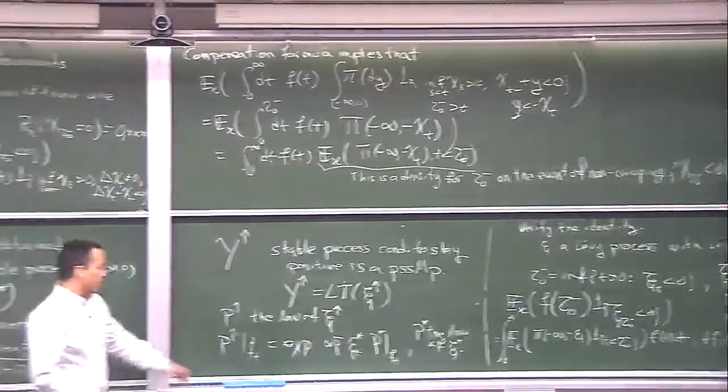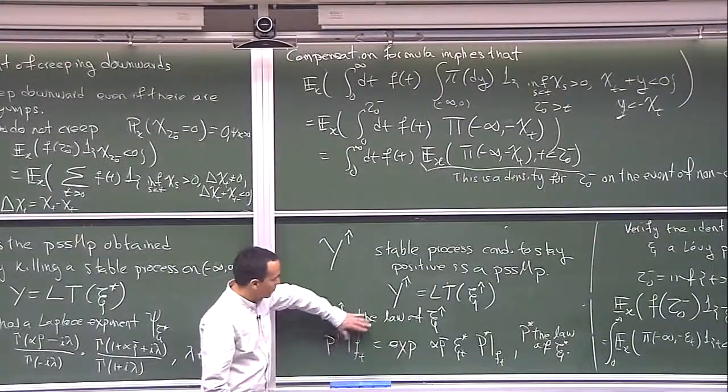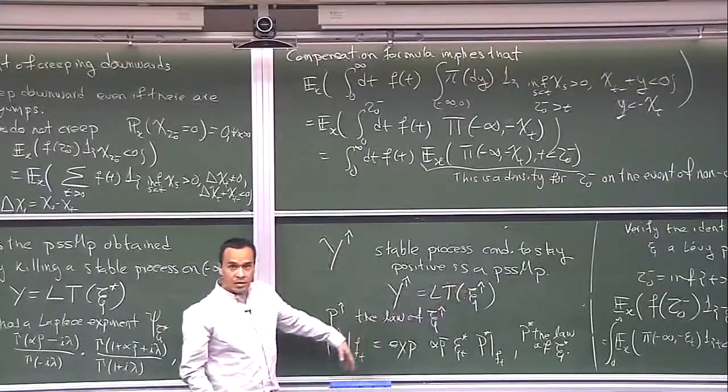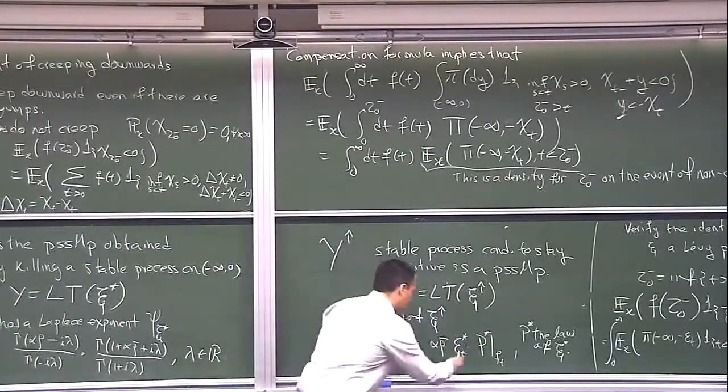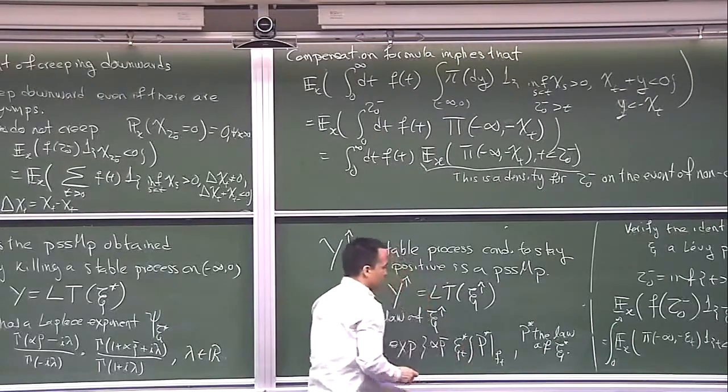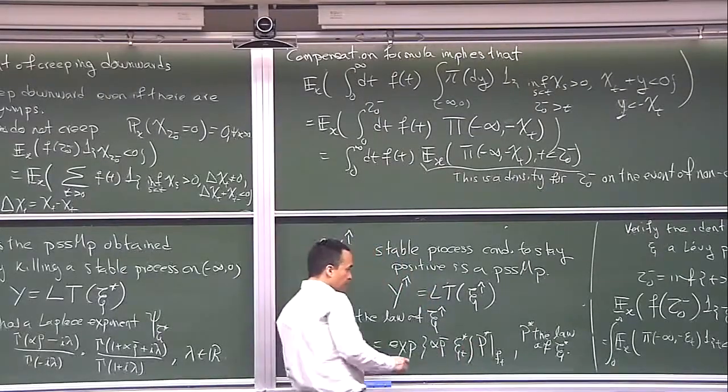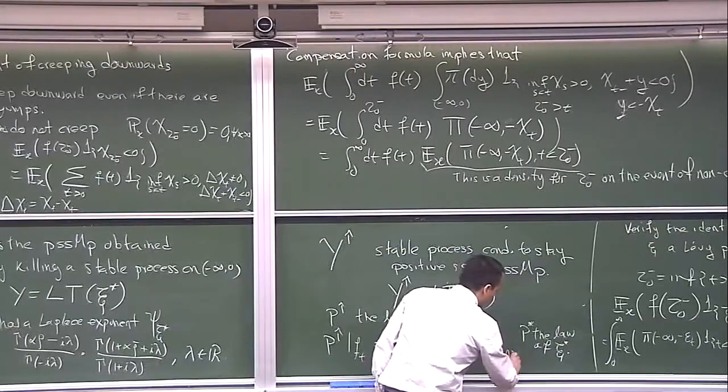This means that the probability of any event with respect to this process can be determined with the probability of this process with this density, in the event that the process is alive.